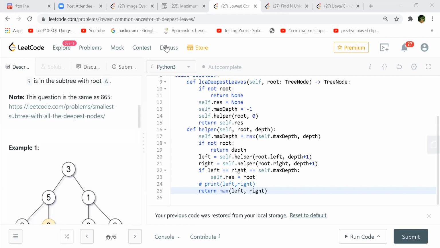But then in that case we should return its root, that is 2, right? But if we return 2, then we have to consider all the nodes which are at the level of 2 also, which are 6, 0, and 8.